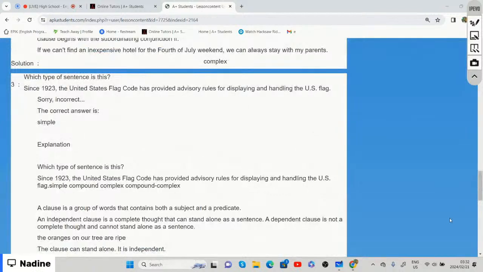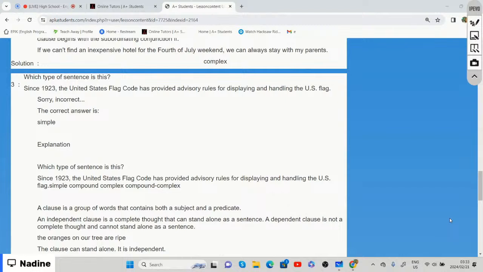Since 1923, the United States Flag Code has provided advisory rules for displaying and handling the US flag.